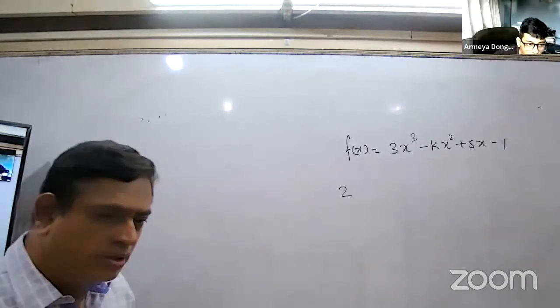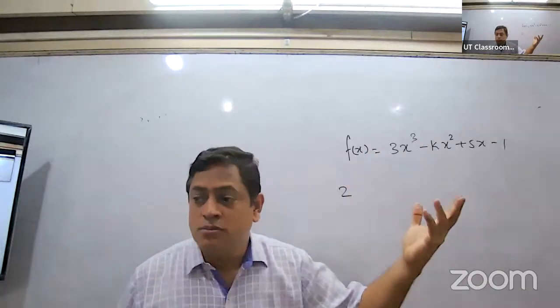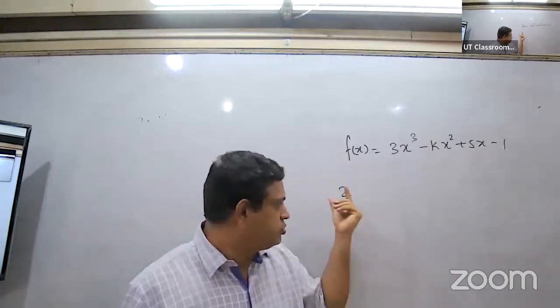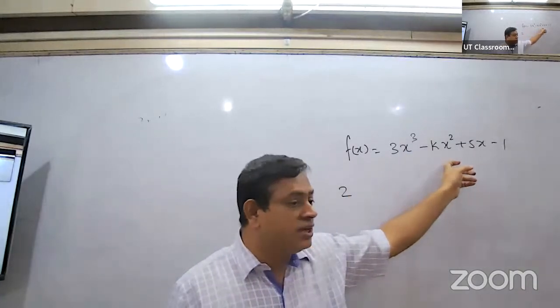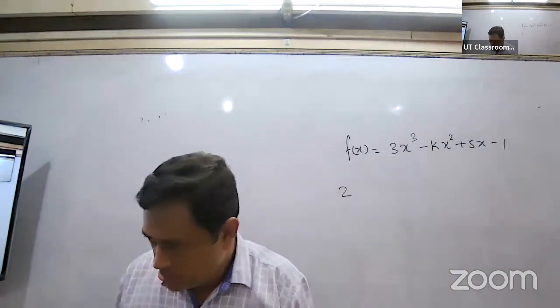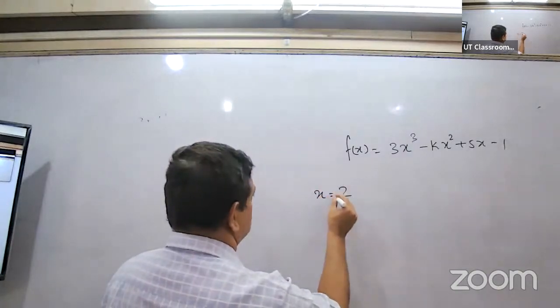When you put the value of 2 in it, it gives you 0. The answer becomes 0. Understood? If 2 is a zero, it means if you replace x is equal to 2, the answer becomes 0.